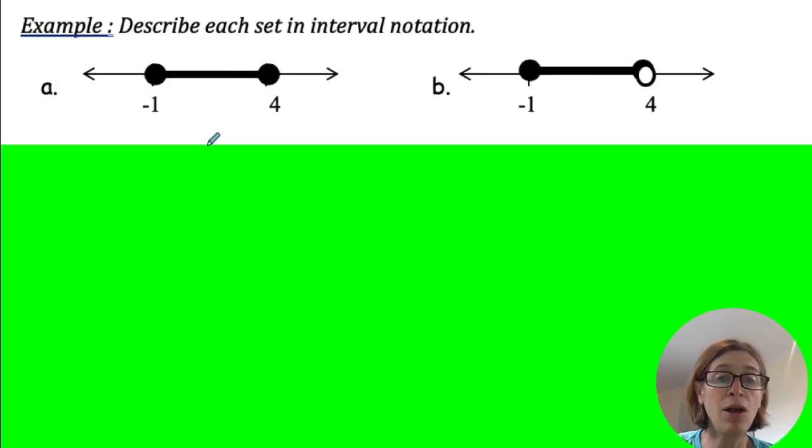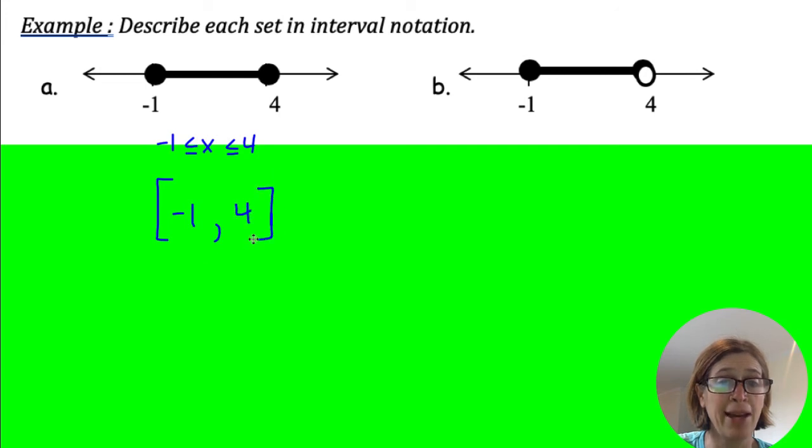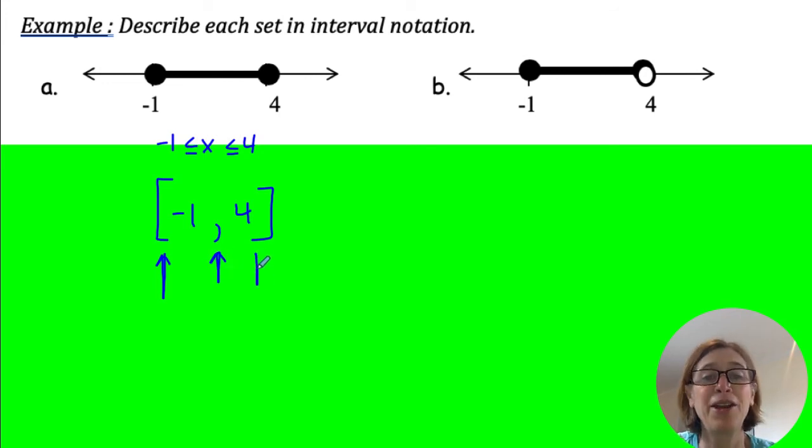As an inequality, we might just write this as x is between -1 and 4. In interval notation, we would write that with a bracket, -1, a comma, 4, and a bracket. Reading interval notation, this means that I want all the numbers from -1, including -1, all the way to the number 4, including 4, okay?